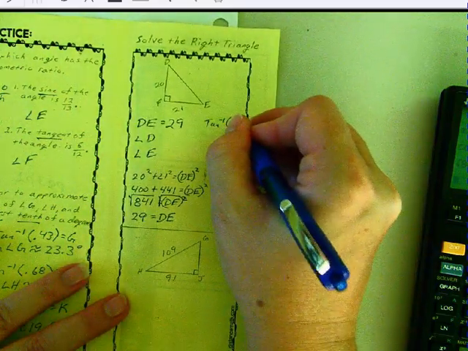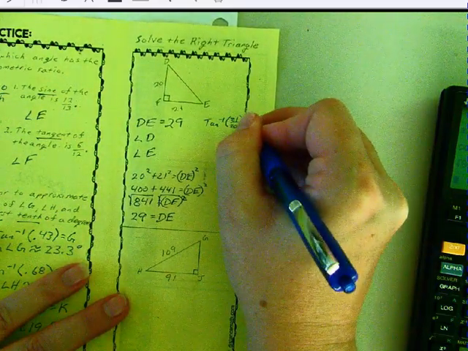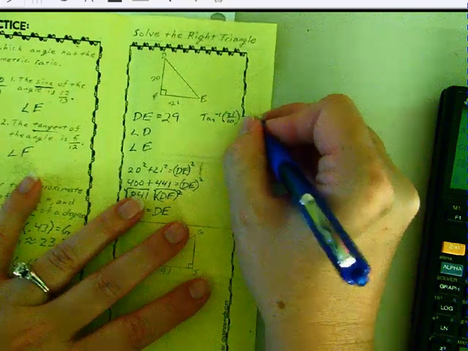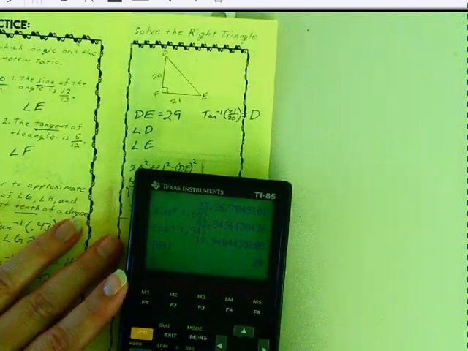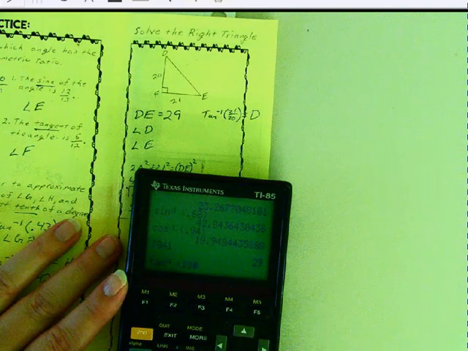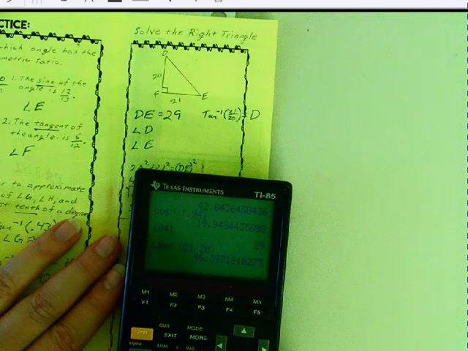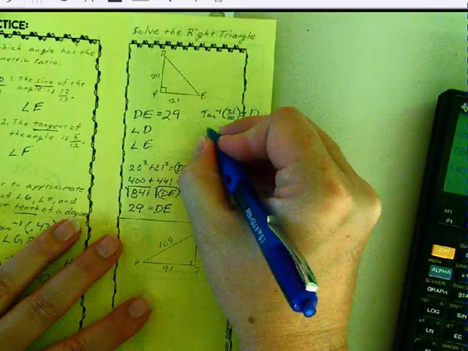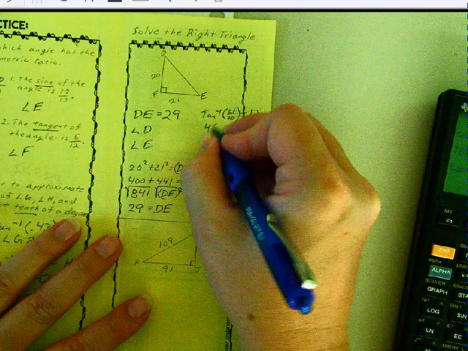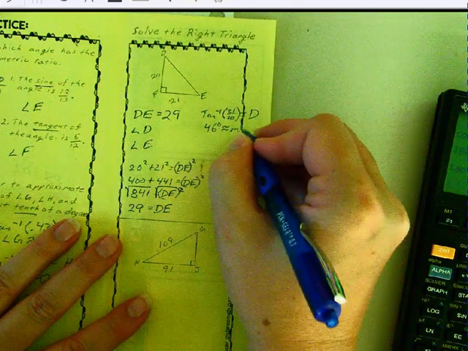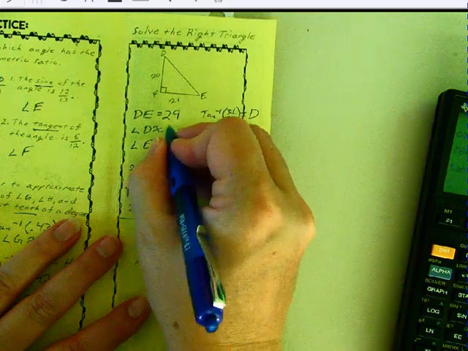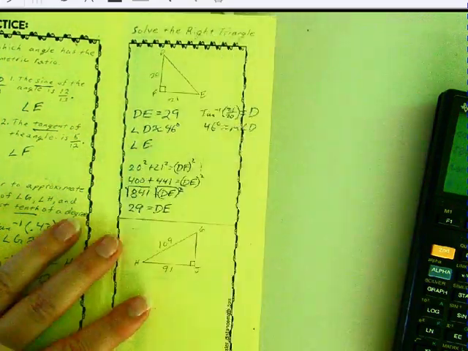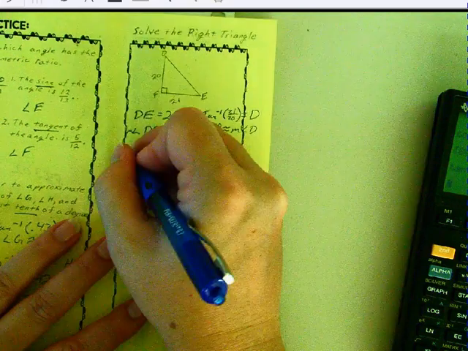So 21 over 20 equals D. So plugging that into my calculator, second tangent, 21 over 20, and I get approximately 46 degrees. So over here, approximately 46 degrees. I'm going to put measure in front of each of those.